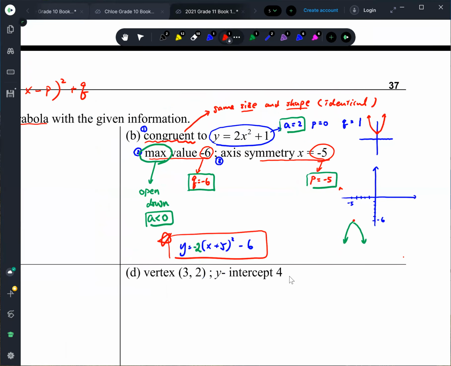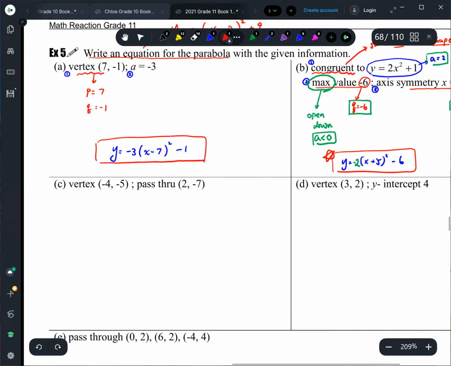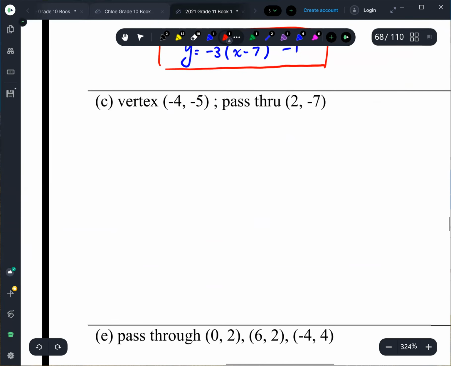Okay, let's move on to level 3. So this time it tells you the guy we are trying to catch is having a vertex of -4, -5. Okay, that's pretty easy, right? So our first clue.